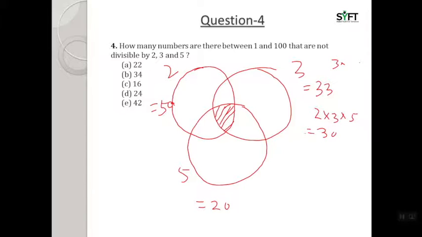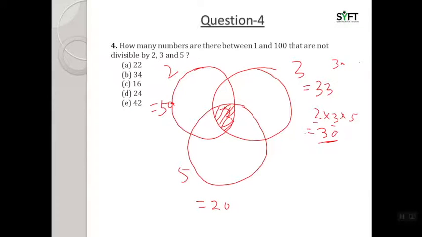Just to give another example, if I ask you which numbers will be divisible by both 2 and 3, the minimum multiple has to be 6. So 6 is divisible by 2 and 3, then 12, then 18. So it's a multiple of 6. Similarly, how many multiples of 30 are there in 100? 30, 60 and 90. So we put 3 here.